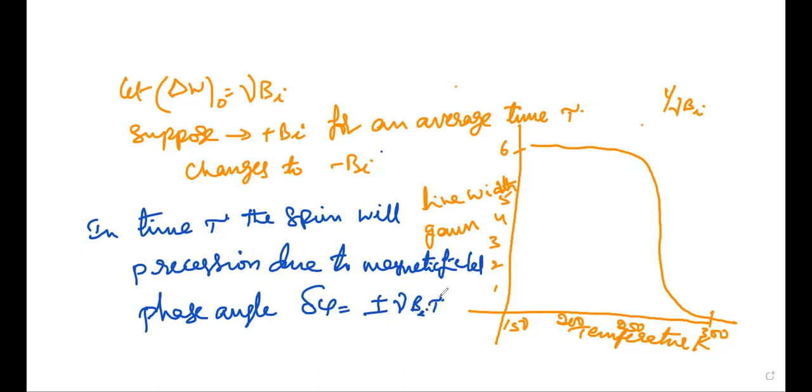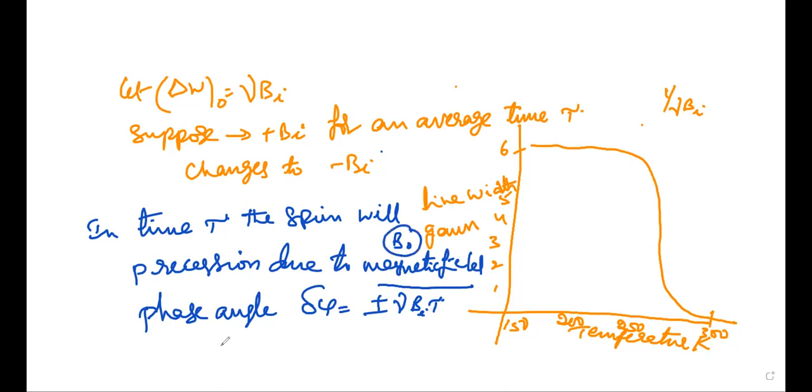This is related to the phase angle of the steady precession in the applied magnetic field, that is B naught, the applied magnetic field B naught.